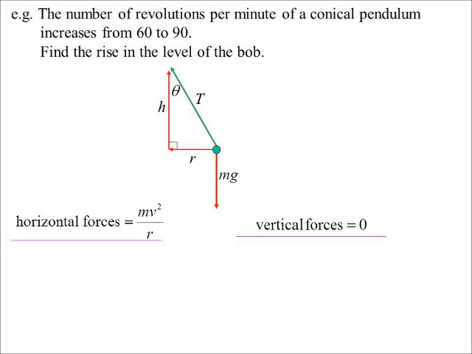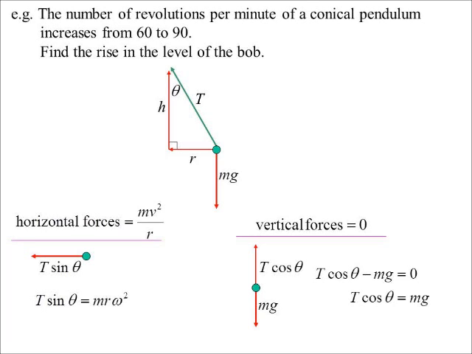So left, I've got T sine theta, because horizontal is opposite the angle there. So T sine theta, and in this case, I'm going to do it in terms of angular velocity, because we've been given one of 60 revolutions per minute, so that's going to be easier to work with. And vertically, component of tension up the string, and then mg, they will sum to give 0.